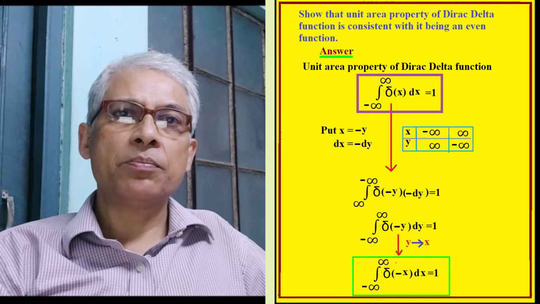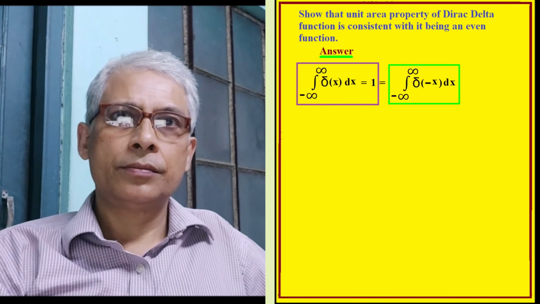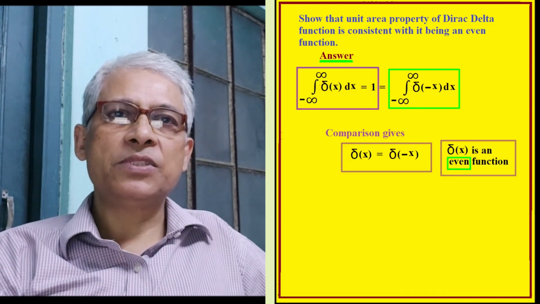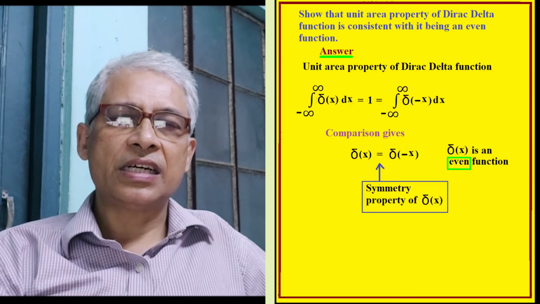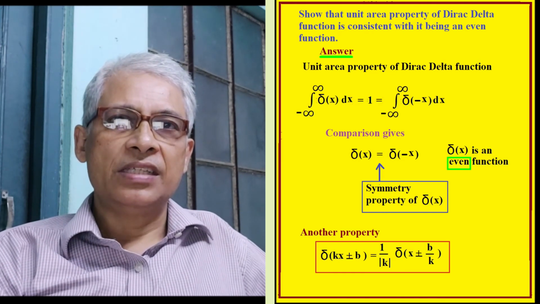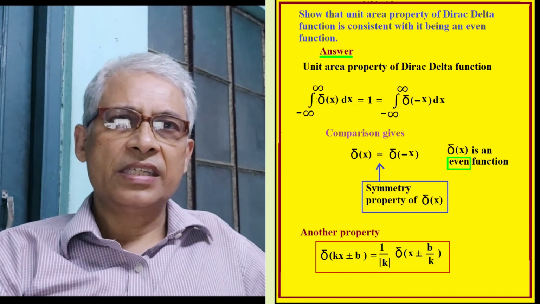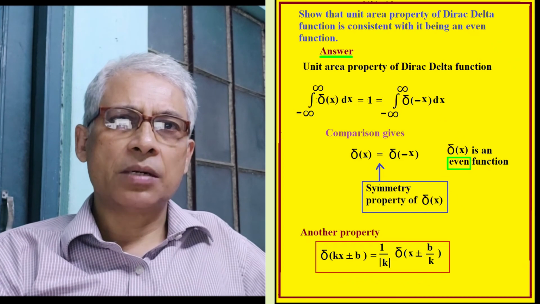Let us pick them up and write in a new slide afresh. And here it is. Comparison gives the property we earlier derived, that is Dirac delta is an even function. And this is another property, a generalization of the previous result. Let us now employ these properties to solve some problems.